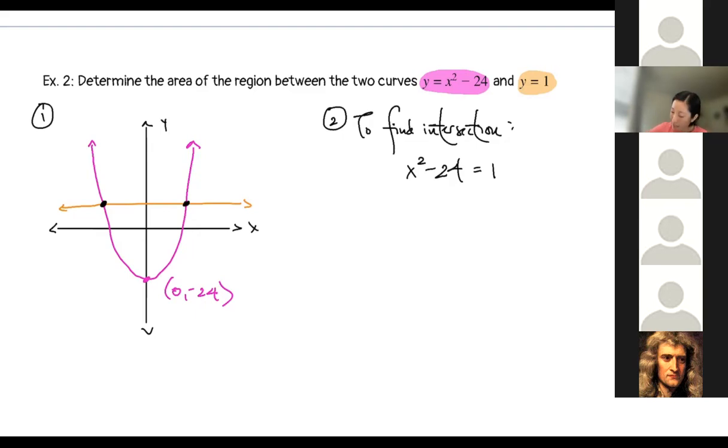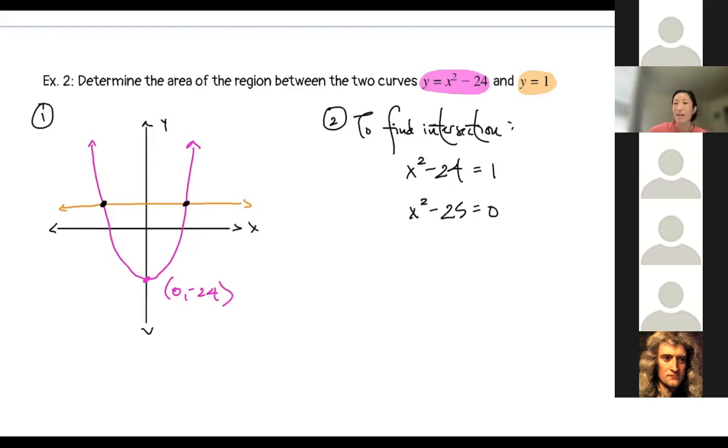Move them to one side, set it equal to 0, and generally, but not always, factor. All right, so x squared minus 25 equals 0. This is a very good factoring that we want to know. I think it's a structure that comes up quite a bit.